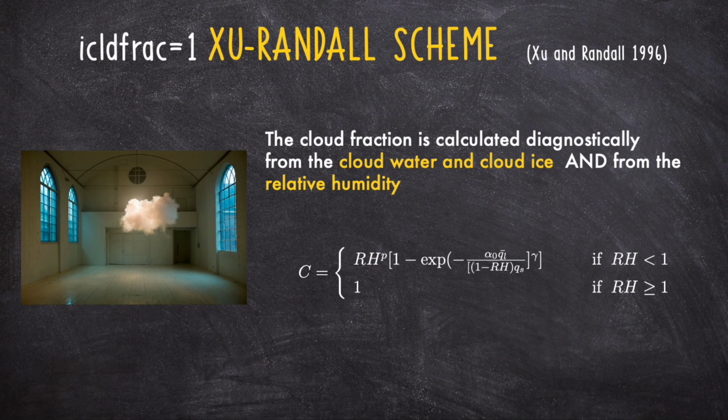So in the equation, we don't have only the relative humidity anymore, but we also have QL, which represents how much liquid and ice we have within the grid box.